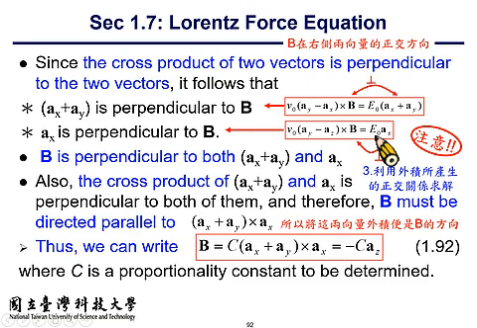So you have 2 vectors that are perpendicular to B. What you can do is take the cross product of these 2 vectors to determine the direction of B.